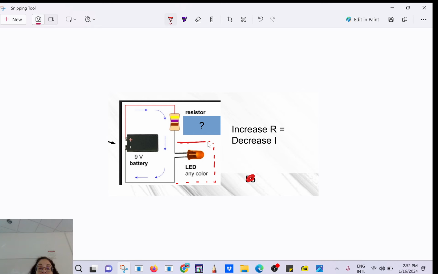So the voltage drop across a red LED is always 1.7 volt, and the maximum current of an LED is 20 milliamps. So we want to find out the value of the resistor such that the current is 20 milliamps or smaller and the voltage drop across the LED is 1.7. Do you understand the question?